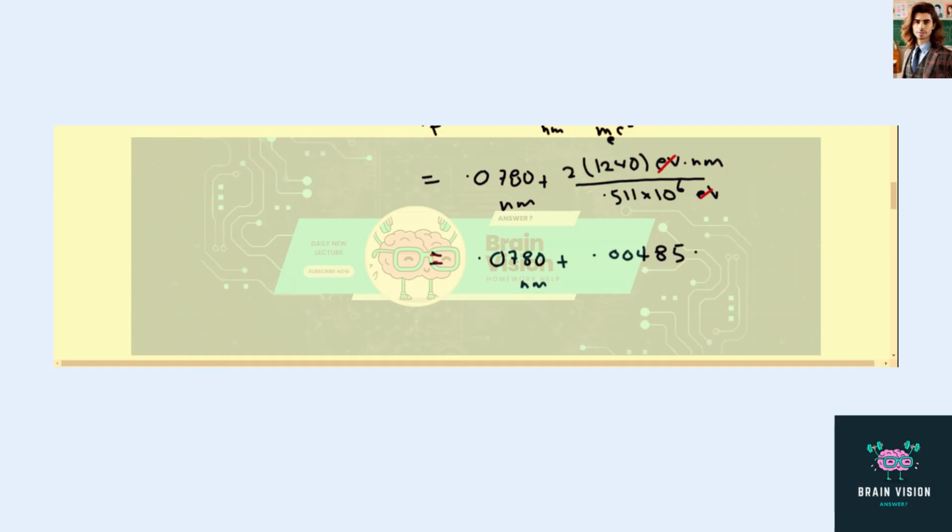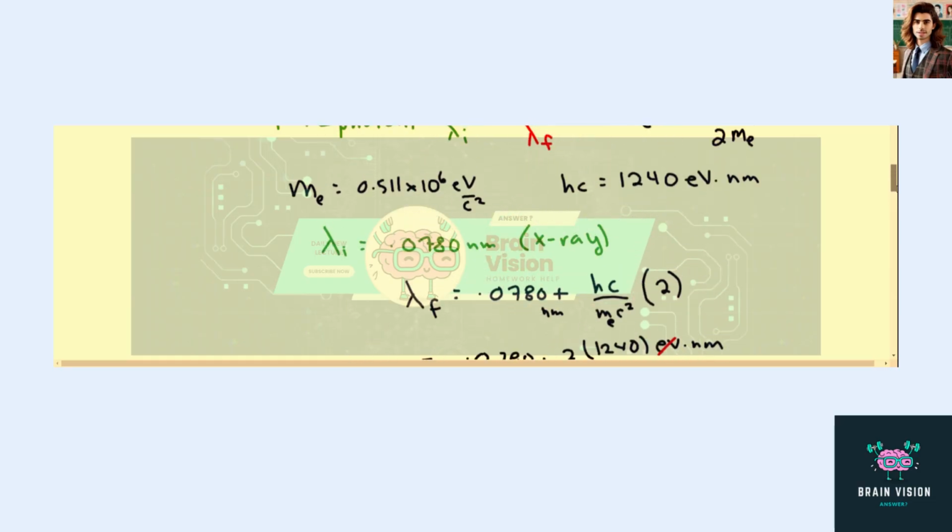So it has a longer wavelength because it gave energy away to the electron.